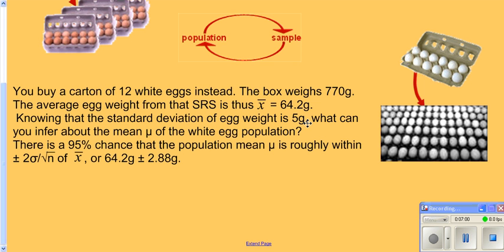And so if we wanted to capture 95% of the means, you would go your mean plus or minus 2.88, which is double your standard deviation, because it's 5 divided by the square root of your 12, which is 1.44. But we're looking at 95, so that's 2 standard deviations, so you double that 1.44. So you're 2.88 units on each side of your mean of 64.2.